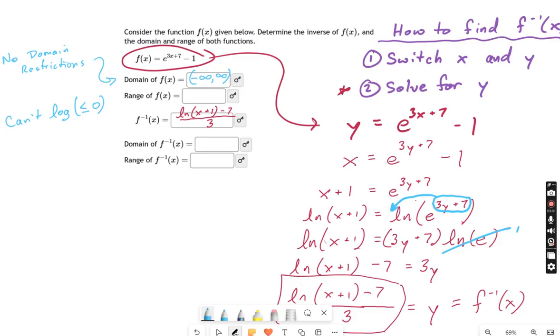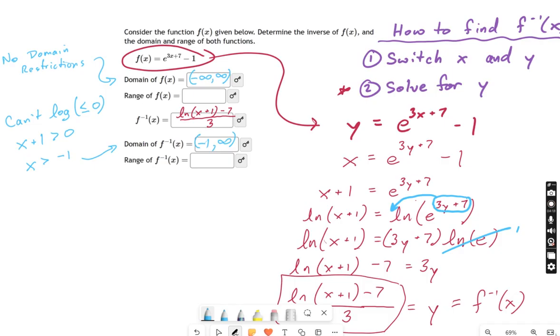So what that means is our argument here, which is x plus 1, must be greater than 0. What that means is x has to be greater than negative 1. So if I want to write that in my domain, I would phrase it this way. Negative 1 is the smallest it can be, but not actually quite negative 1, just a little above it. Anything from negative 1 to infinity. Those are my allowed domain values.